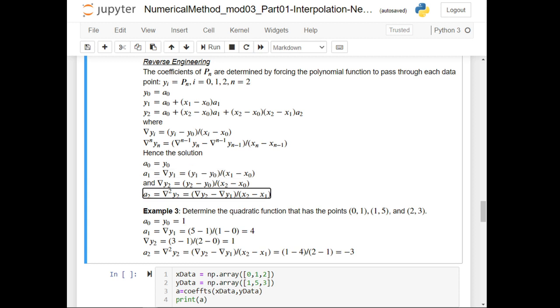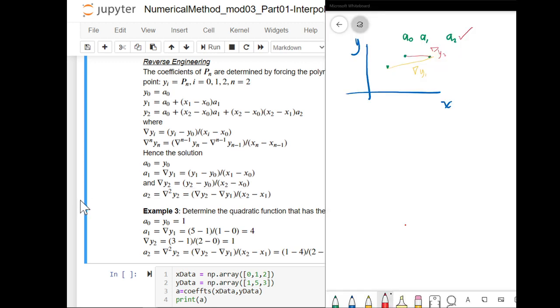Then you can get a2. From the drawing, you can construct the equation or the slope of the line. So you have the quadratic equation or quadratic function.